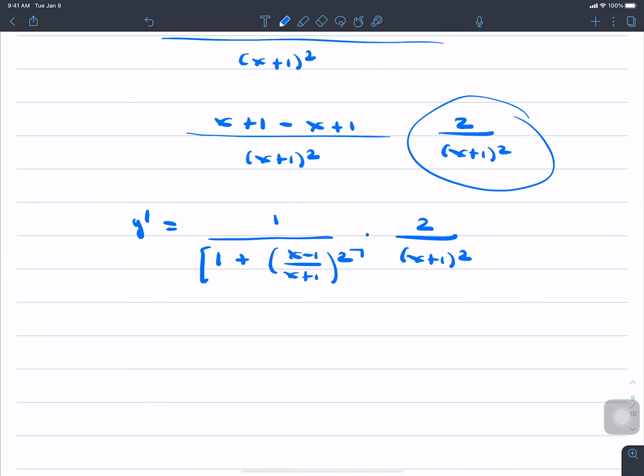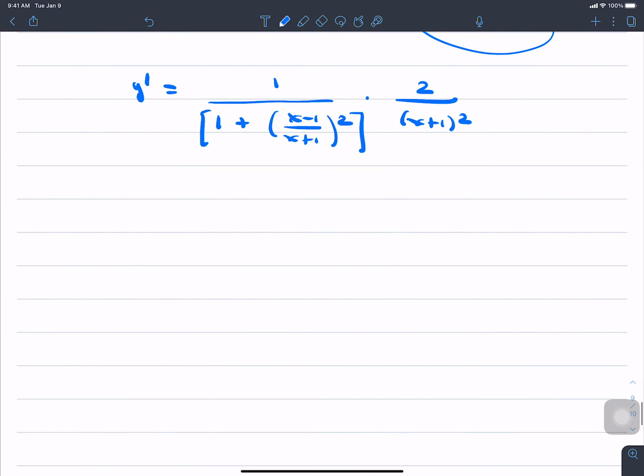And I'm going to put a bracket here. So let me do a little bit of simplification now here, where I'm going to square my numerator, okay, and square the denominator.